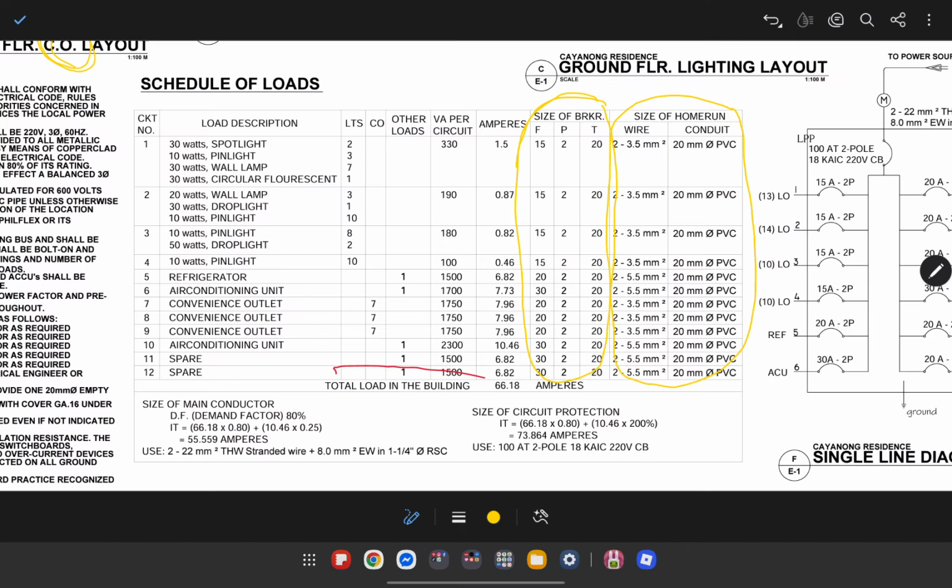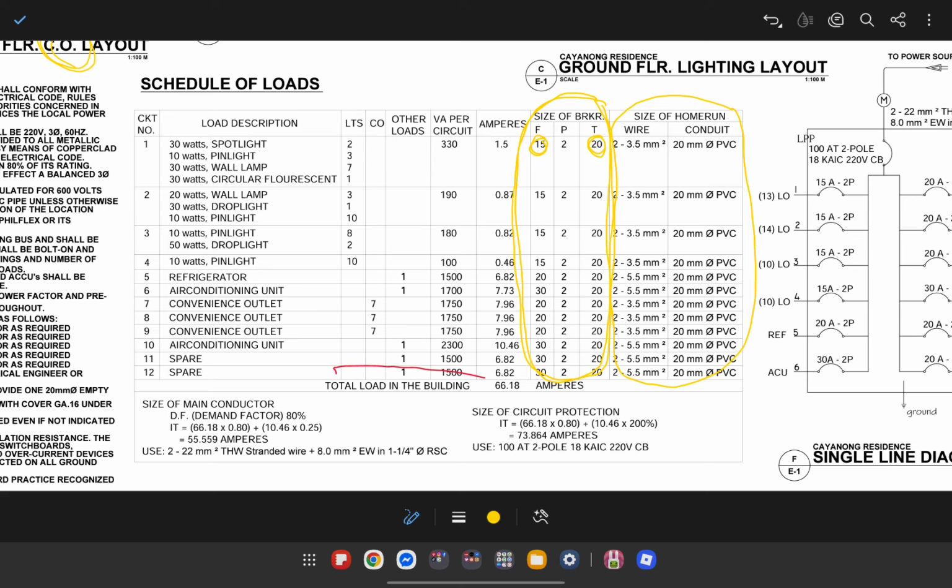So this is for the computation or the sizing of the circuit breaker. Sizing meaning the load that it can accommodate. Let's say for example, it shows here that this side says 15, meaning it is a 15 ampere circuit breaker.